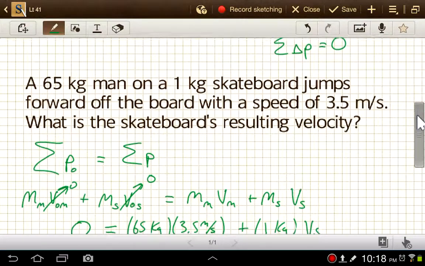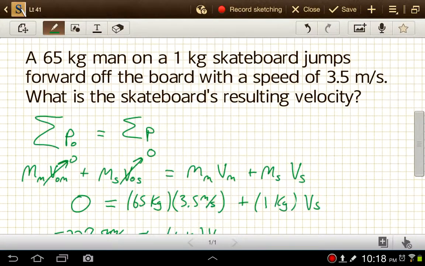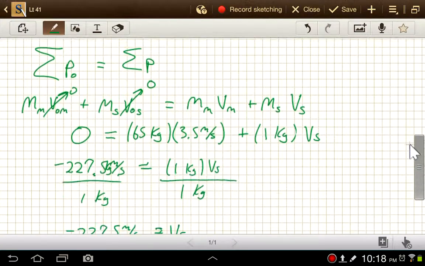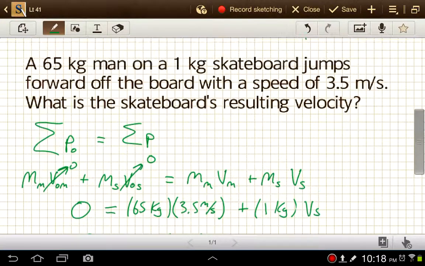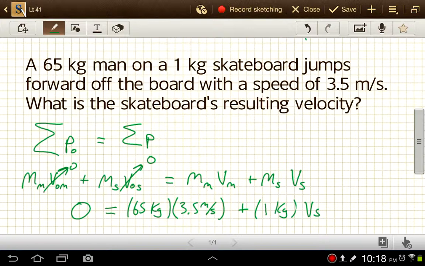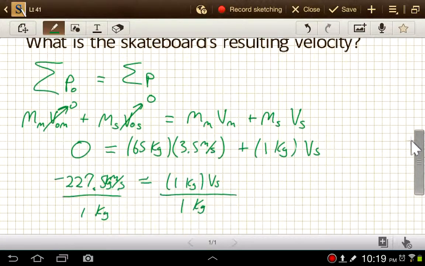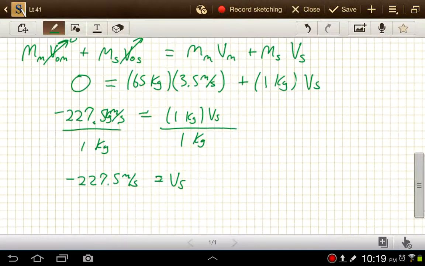That skateboard had to gain a large amount of momentum going the opposite direction. And since the skateboard is so much less massive than the man, the only way for it to have that momentum is to be moving really, really ridiculously fast. Like 2/3 of the speed of sound in this case. So yeah, maybe not the most realistic problem, but you see the point.